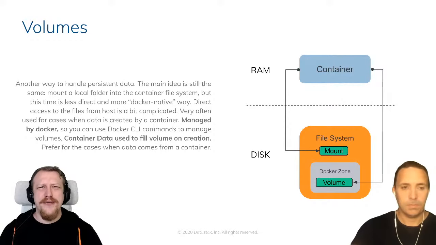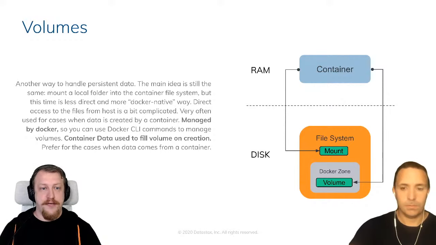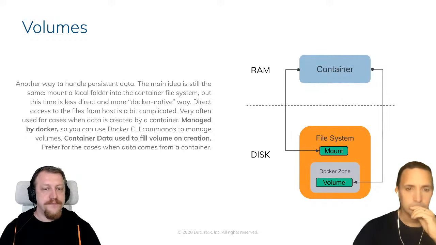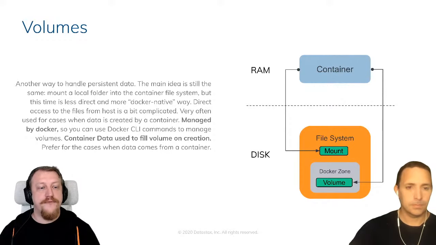It may not be so easy to catch from the very beginning, but when you start to practice, you will get the idea of what I mean. Very good. And we prefer volumes for the cases when data comes from a container, like databases, but not only databases.